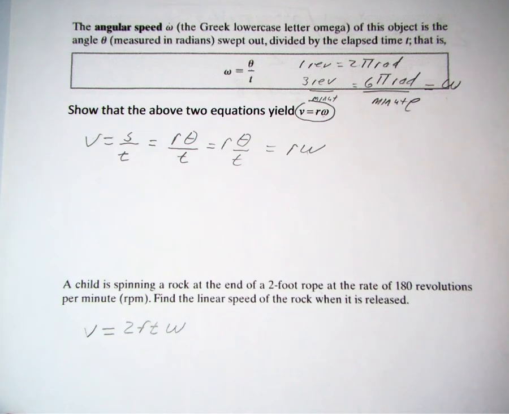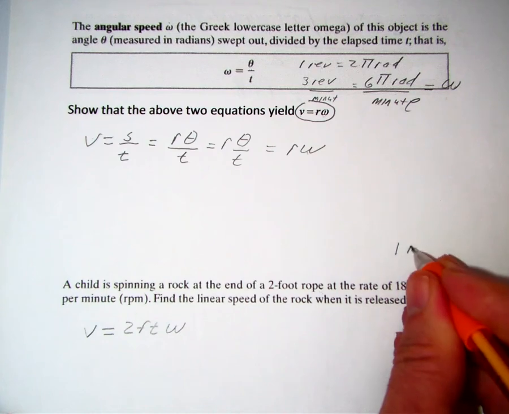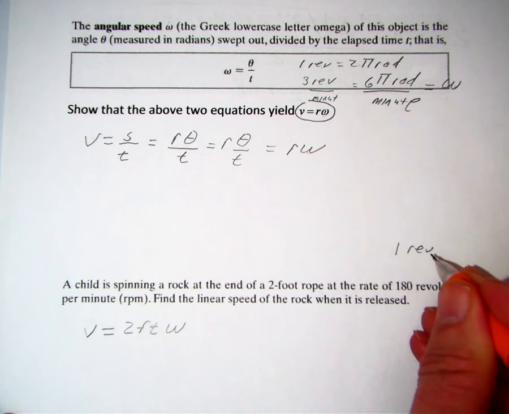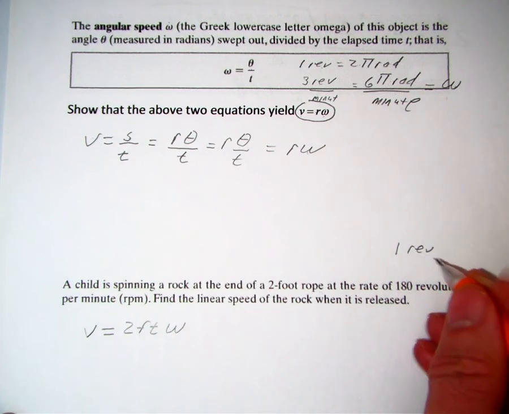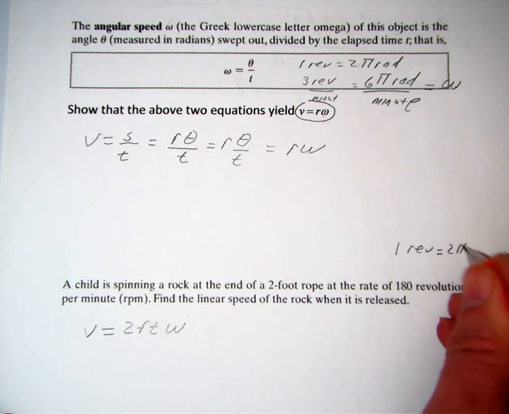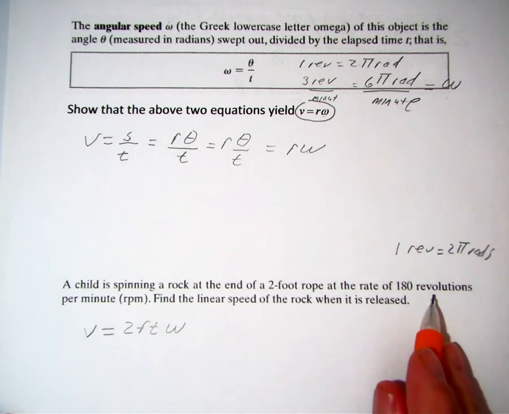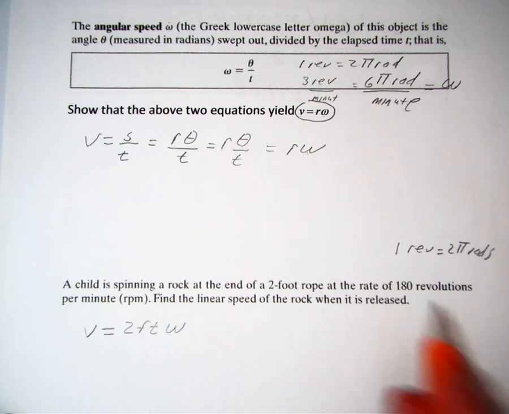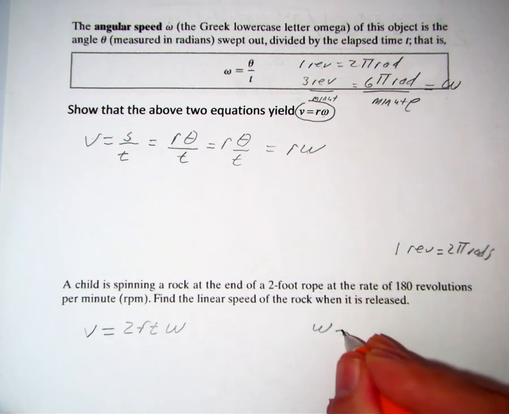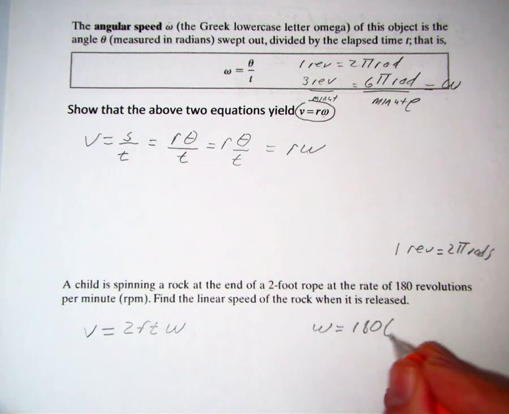Right now, we don't quite know what omega is, do we? But we do know that one rev is equal to 2 pi rads, right? And y'all, it's so common for people to forget to do this conversion. So that means that omega has to equal 180 times 2 pi.